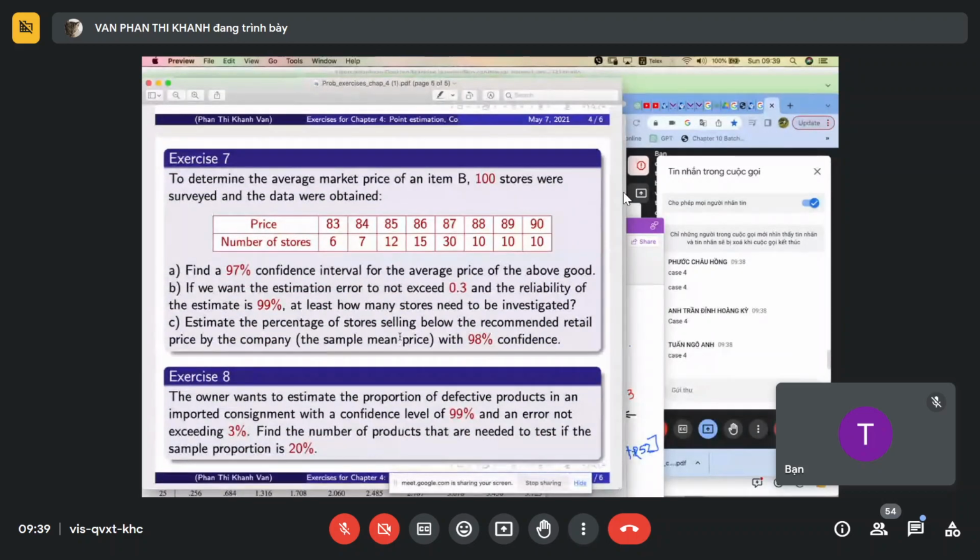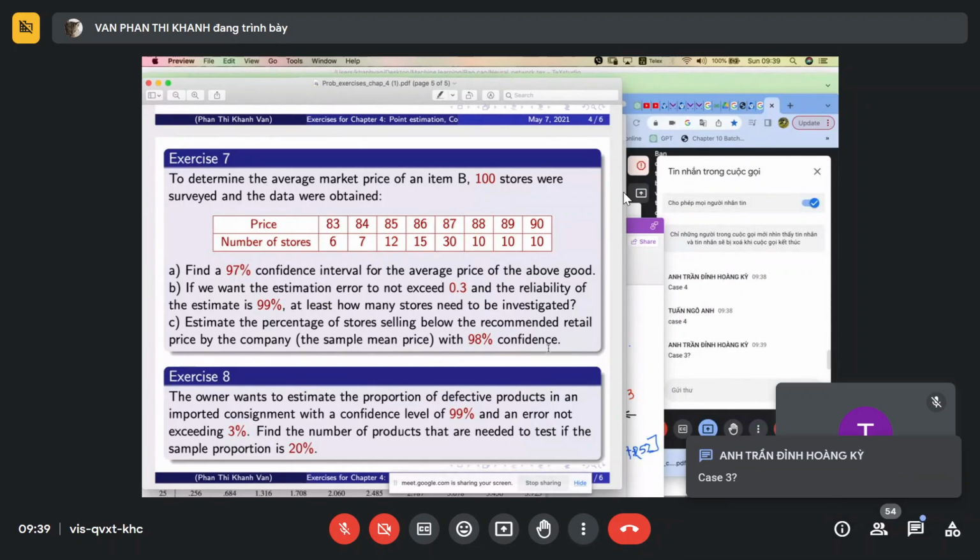Problem 7, which case? Number 7. Yes, it's case 3.